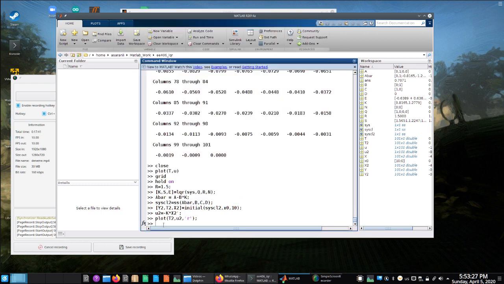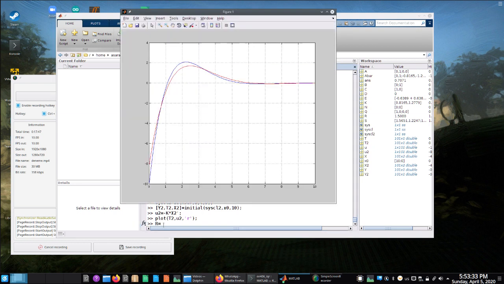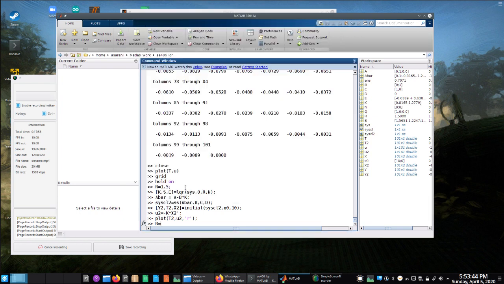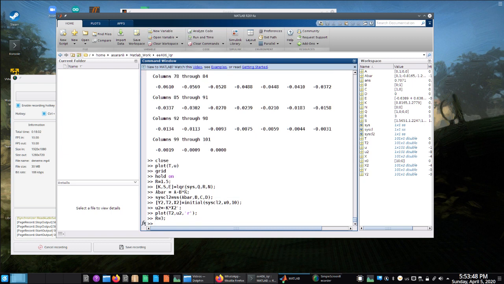Okay, let me repeat this with a different R. Let's try to change, for example, R to 3.